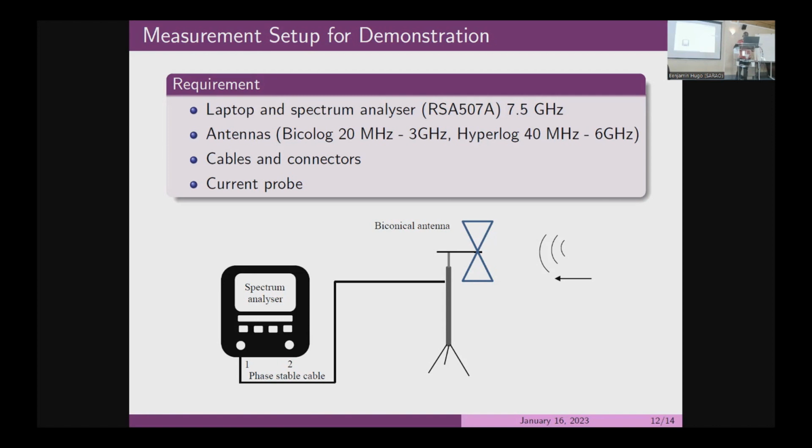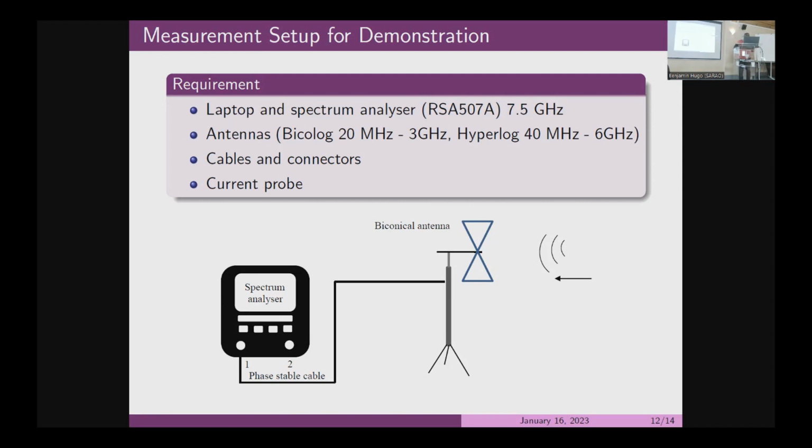What we're going to do is have a little demonstration of how an antenna receiver works using a single antenna, just to have a rough idea how things work, but also to demonstrate some of the equipment that we have within TART that we use to do some EMC or EMI testing.